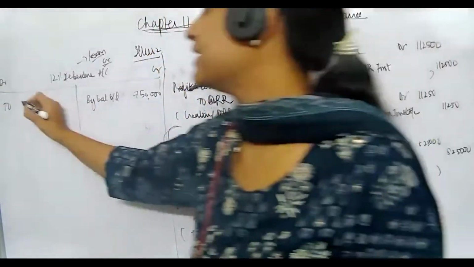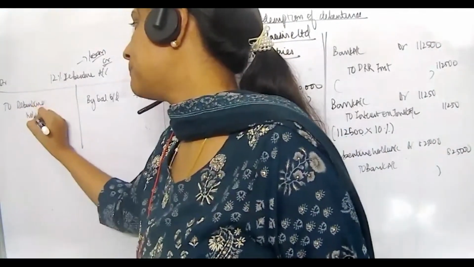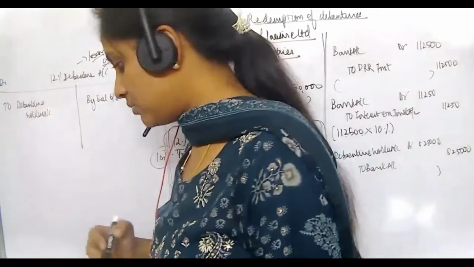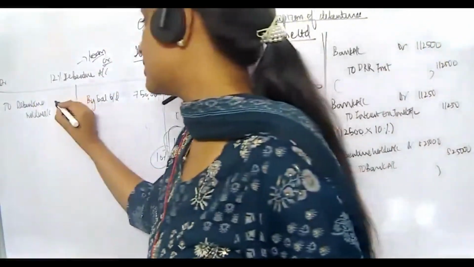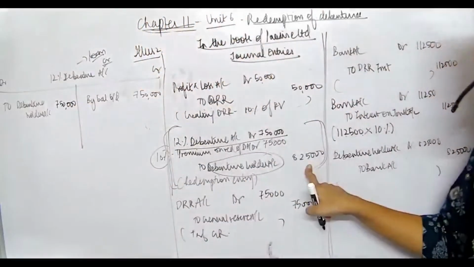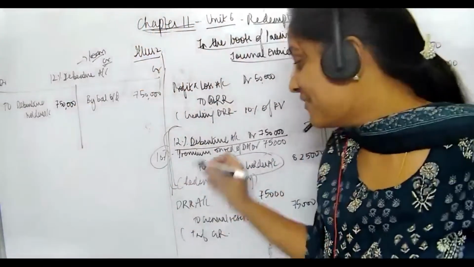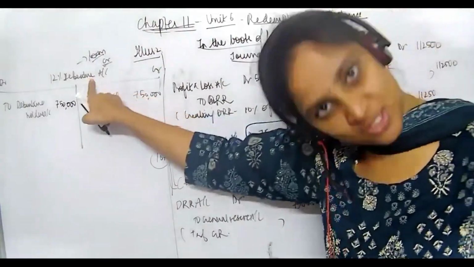To whom are you paying? To the debenture holders. What is the amount that I am supposed to consider? It will come at 7,50,000. Should it not be 8,25,000? No, you should take this value only, because you have opened the debenture account.